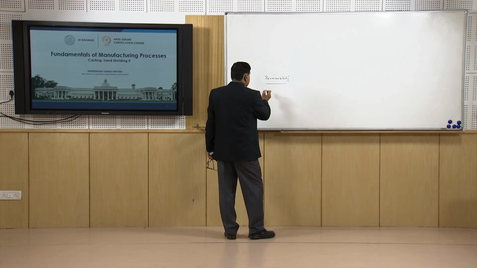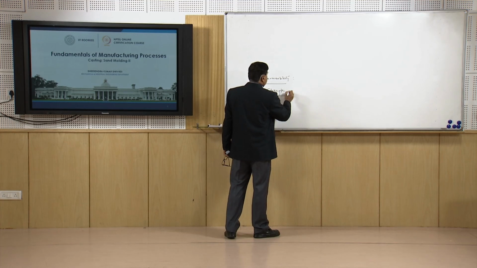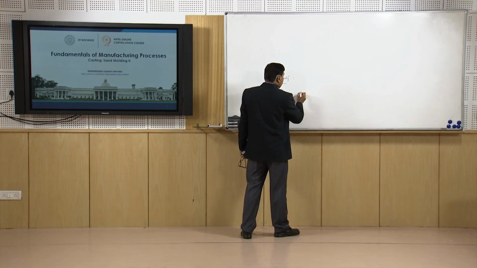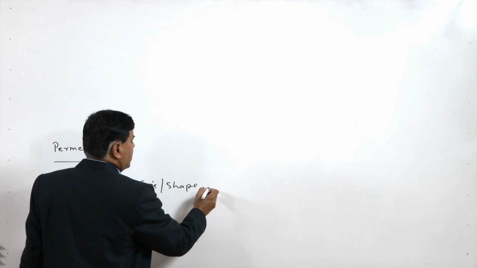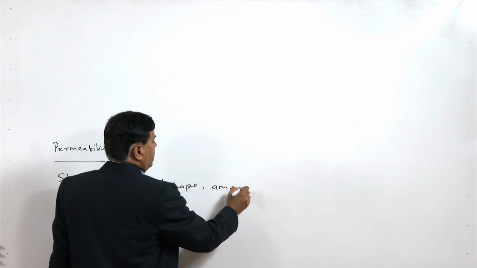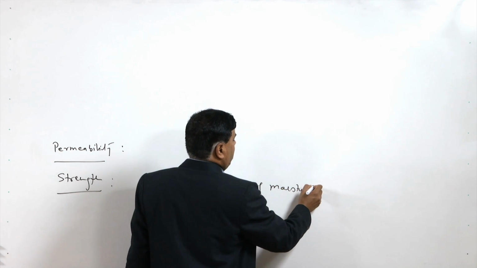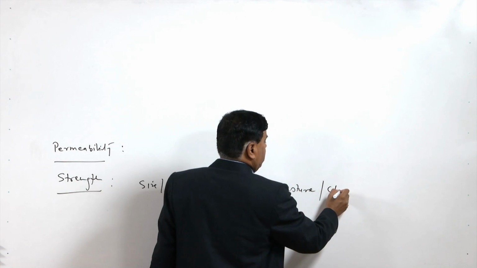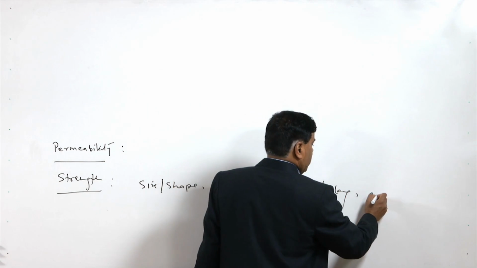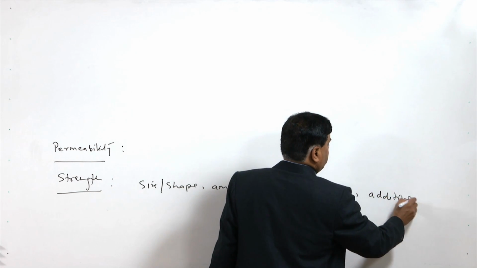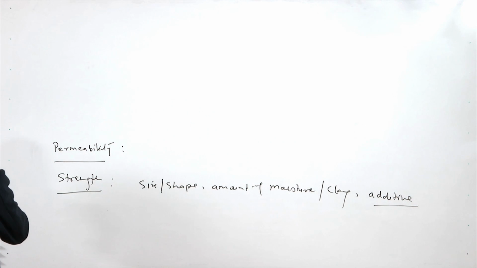Another factor is the strength. So, strength is also affected by the size and the shape of the grains, the amount of moisture and clay both, and the kind of the additives which have been used, they also determine the strength of the mold effectively.